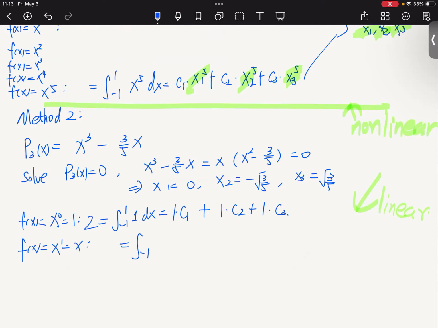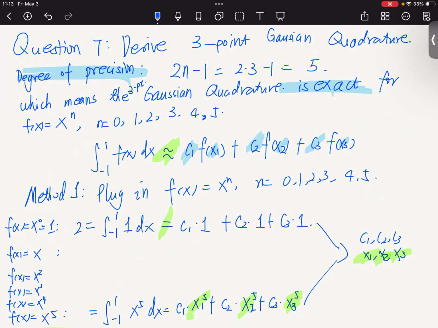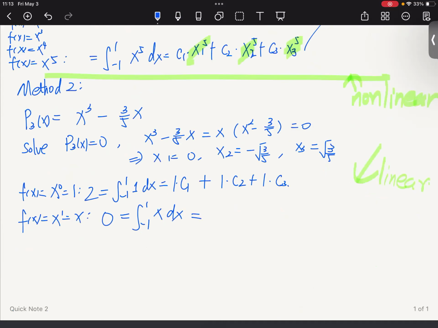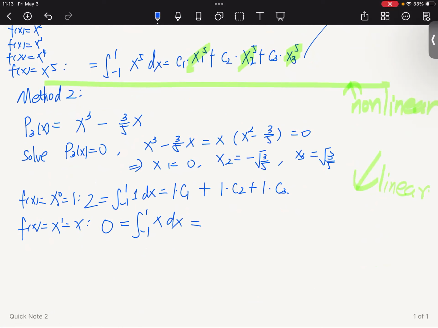Here you're going to do the integration, and it equals 0. And the good thing is that if you plug in x1, x2 and x3 there, we actually get some value here, which means that x evaluated at x1 is just 0.